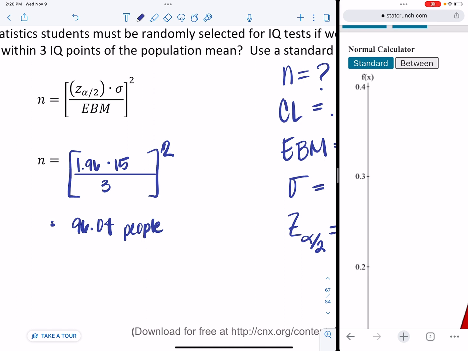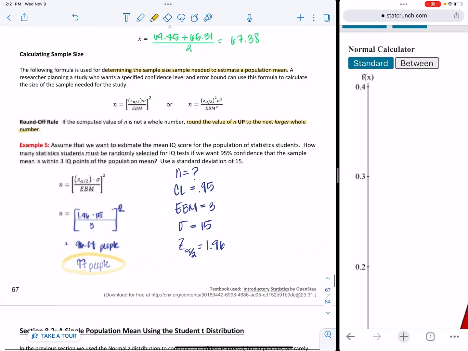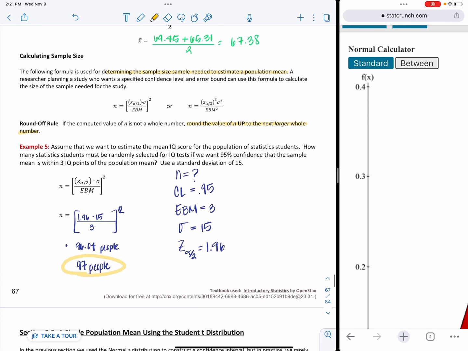Now, I don't want 0.04 of a person. That's going to be messy. And our roundup rule said, if you have a sample size that involves a decimal, you round it up to the nearest whole number. So it looks like our researcher needs 97 people to be 95% confident that the sample mean is within 3 IQ points of the population mean. And that right there is the end of 8.1.